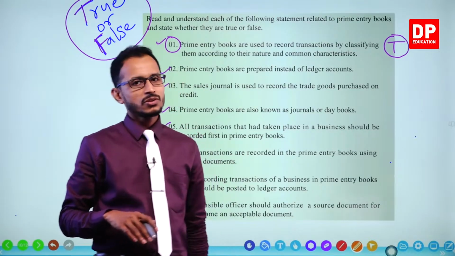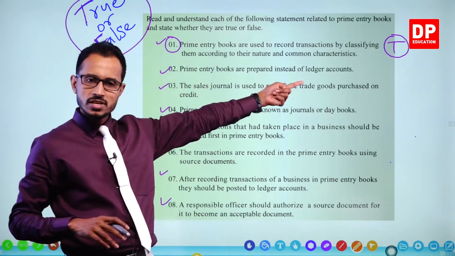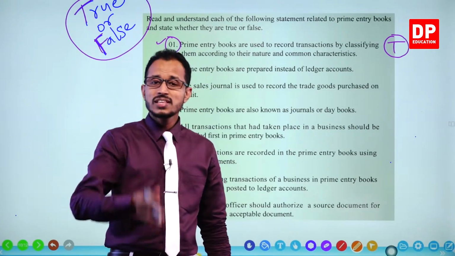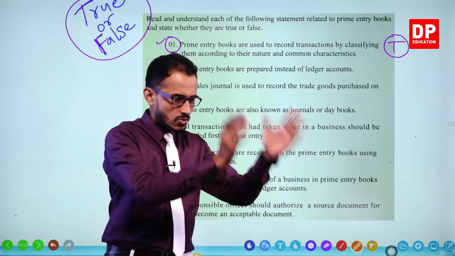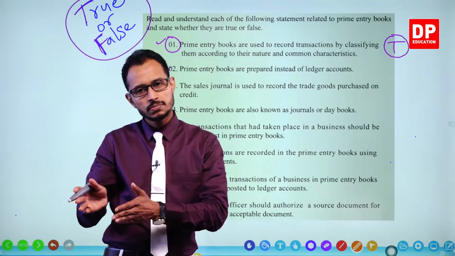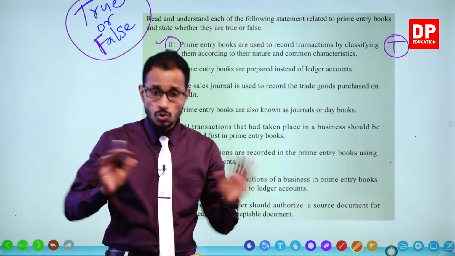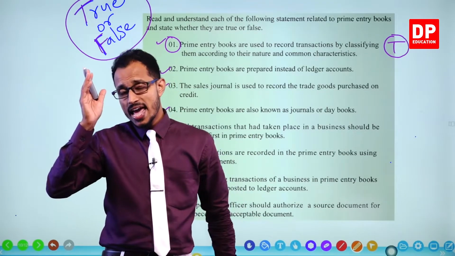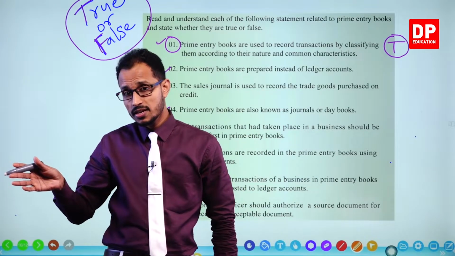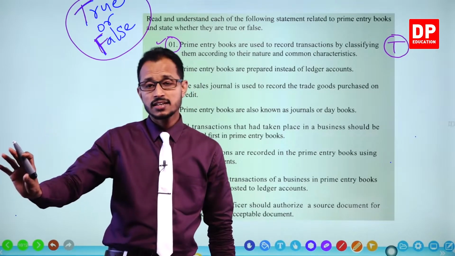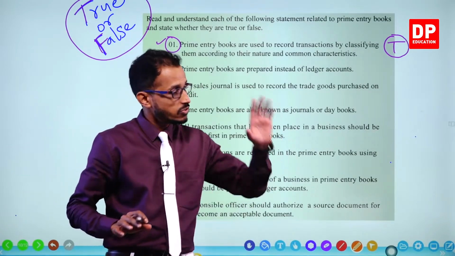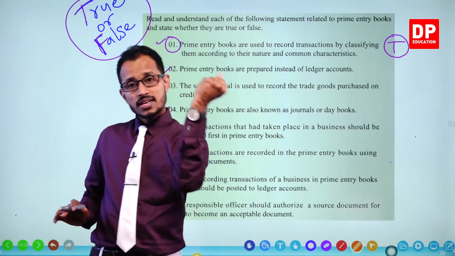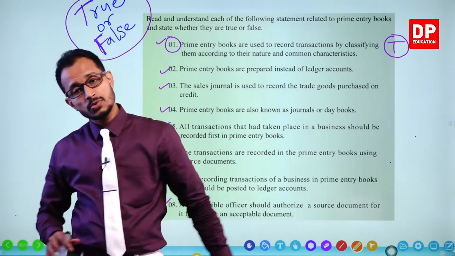That is not true. That is false. We prepare prime entry books. We record the relevant transactions in the relevant prime entry book. We sum up each and every prime book at the end of a period, and we take those sums from those prime books and transfer them to the ledger.